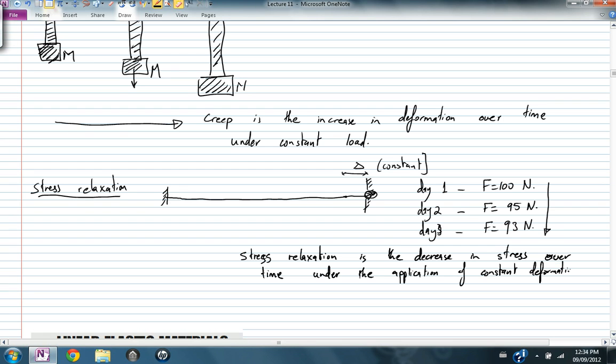And this is an important problem when you're designing a pre-stressed concrete beam, because in a pre-stressed concrete beam, you take a bar and you apply a certain stress to this bar, and this stress is used to push against this concrete beam, to apply a pre-stress on this concrete beam.